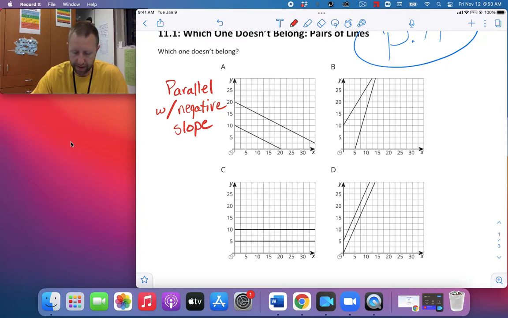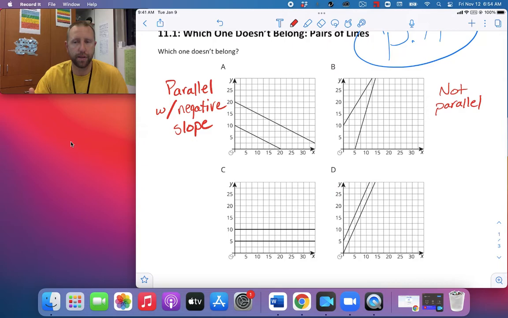That's the nice thing about which one doesn't belong, is you're never wrong. There's always a reason for each one, no matter which one you pick. For B, I'm looking at that, and it looks like they're not parallel. Well, now, one thing I talked about with the classes the other day is that we can't just go based off of looks.